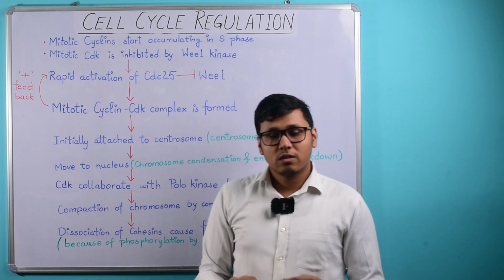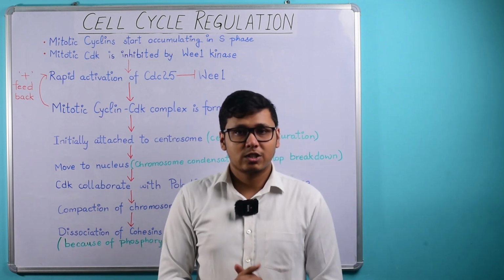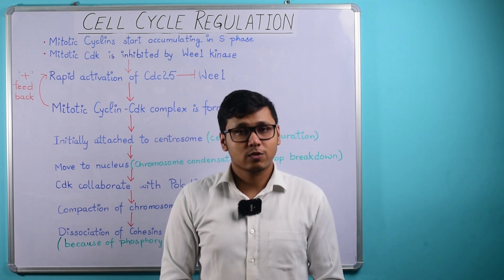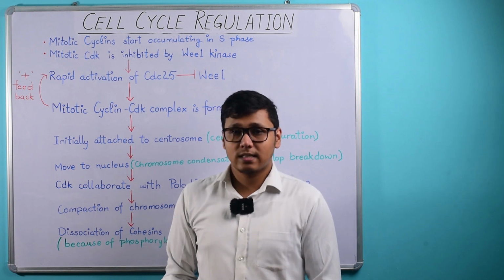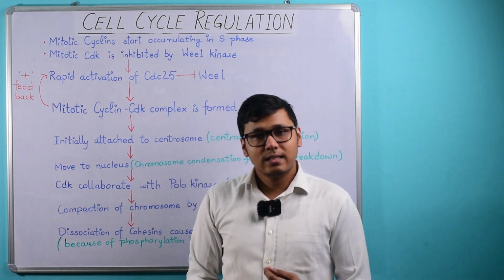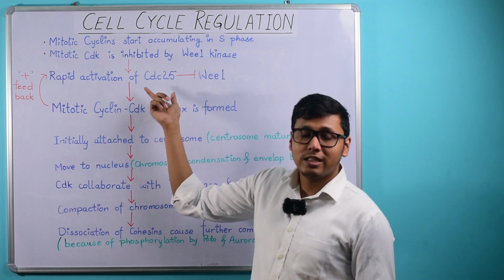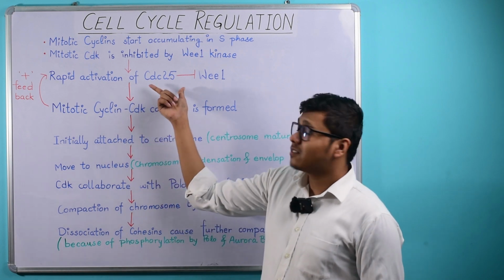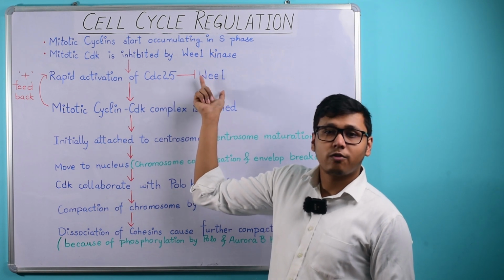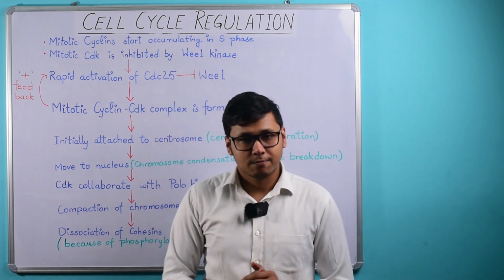Don't get confused with phosphorylation and dephosphorylation. Just remember one basic concept, that whatever is kinase is adding the phosphate group, and whatever is the phosphatase is removing the phosphate group. So CDK being a kinase is adding the phosphate group to the CDC25 phosphatase, and CDC25 phosphatase being a phosphatase will remove the phosphate group added by the WEE1 kinase.